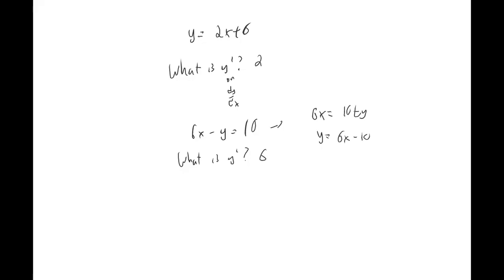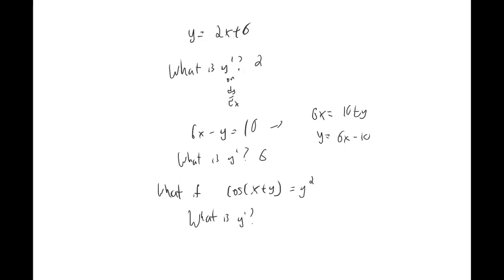But now the third question is, what if I have something like this? Cosine of x plus y equals y squared. And then I ask you to find y prime. Do you all see that this is kind of hard?